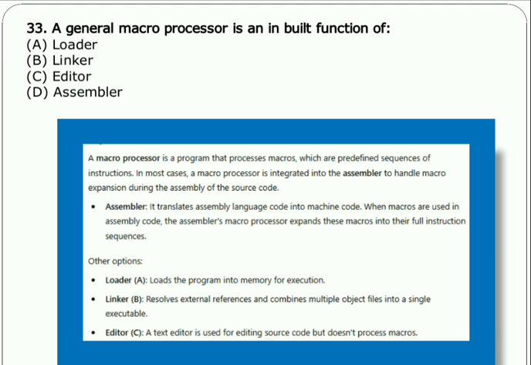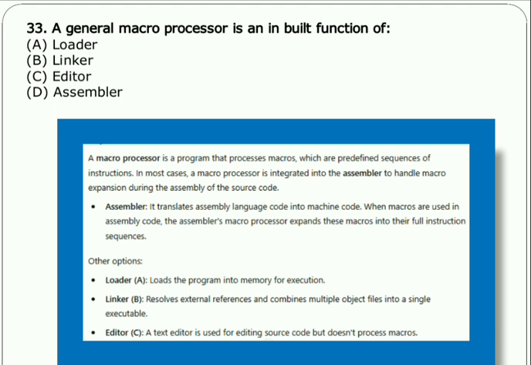When macros are used in the assembly code, the assembler's macro processor expands these macros into their full instruction sequences. The loader loads the program to a particular memory location for execution, and the linker resolves external references and combines multiple object files into a single executable file.